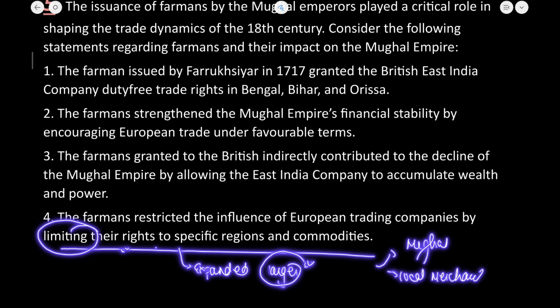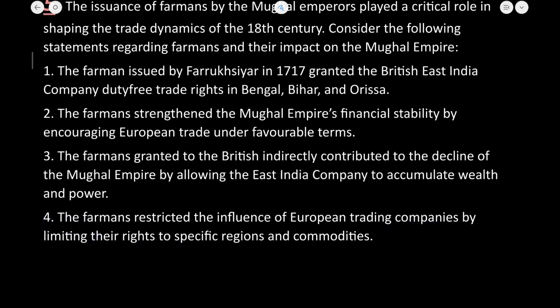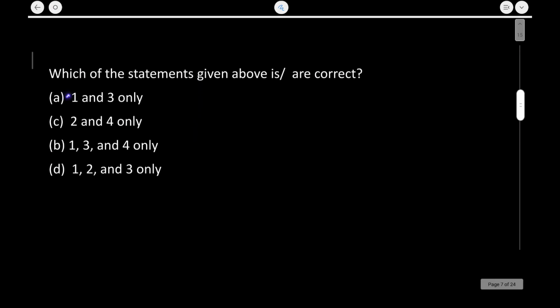They didn't care about their responsibilities toward both, so they misused these privileges. The farmans didn't restrict it, so this statement is also wrong. Our correct answer will be 1 and 3. A is the correct answer.